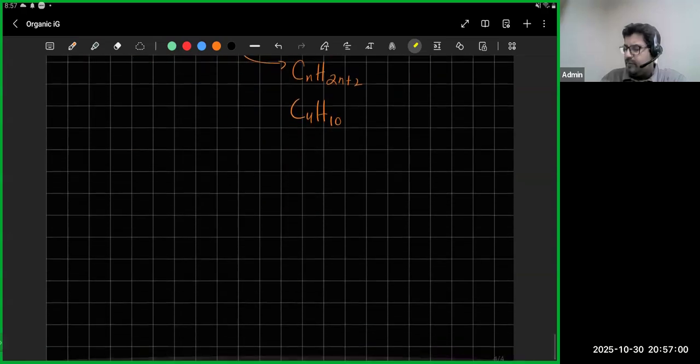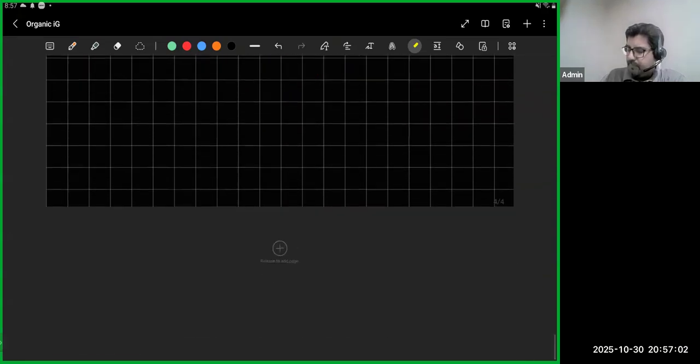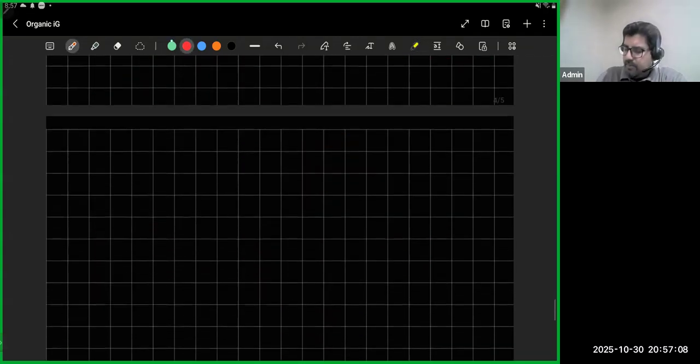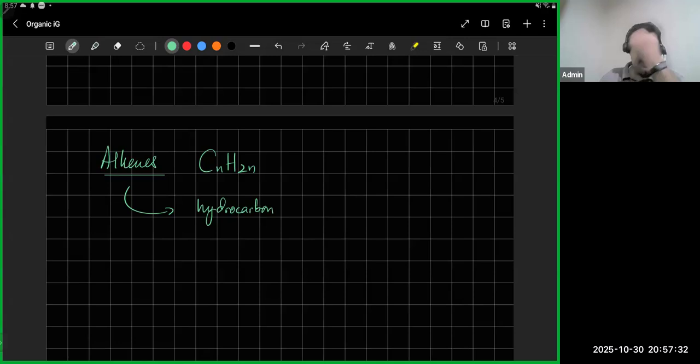Similarly, we will move on to alkenes now. What are alkenes? The general formula is CnH2n. An alkene is a hydrocarbon, which again means it has hydrogen and carbon atoms only. But it's an unsaturated hydrocarbon.